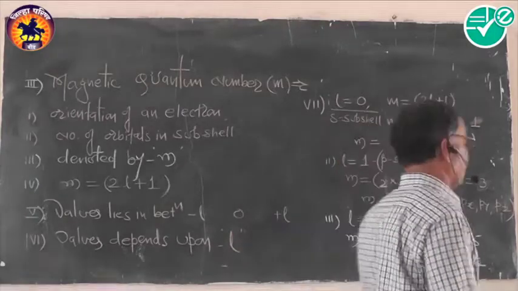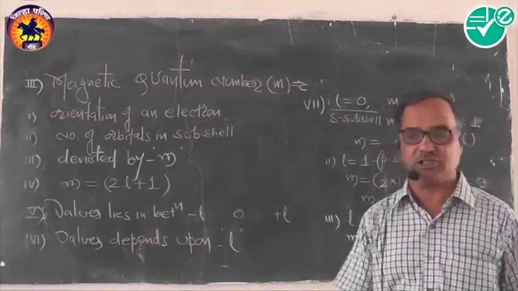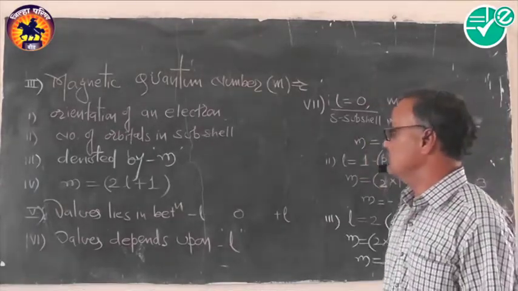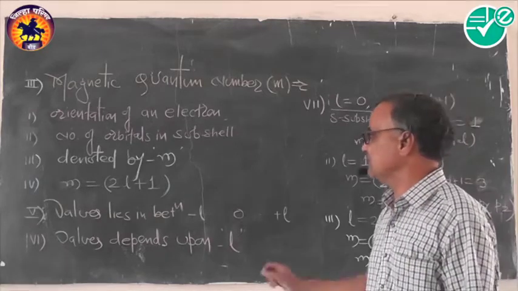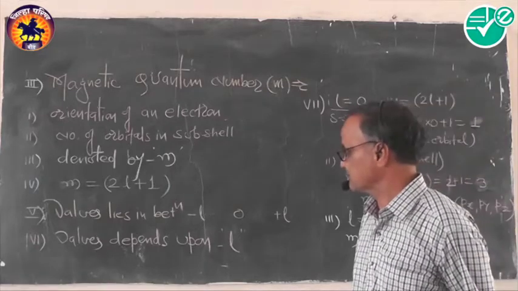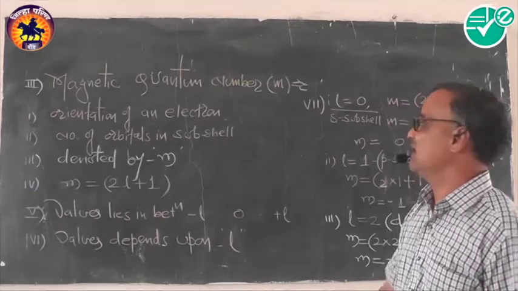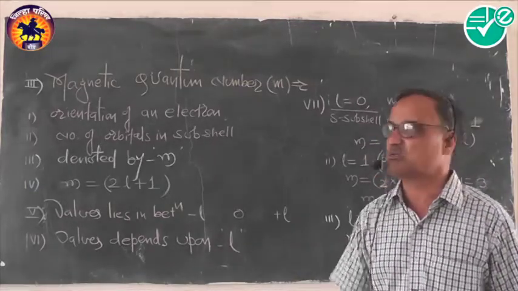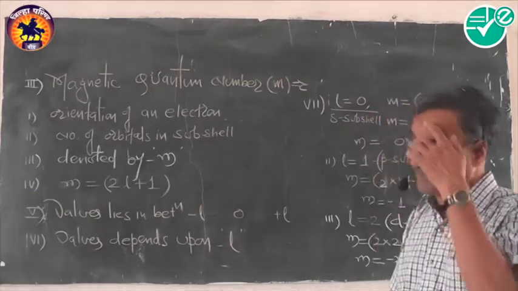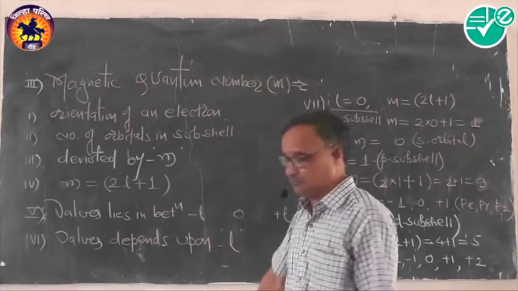So the magnetic quantum number gives the number of orbitals present in the sub-energy level. This is the second point. The third one: the principal quantum number is denoted by n, azimuthal is denoted by small letter l, and the magnetic quantum number is denoted by a small letter m.